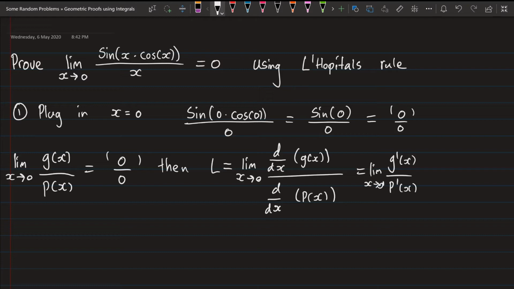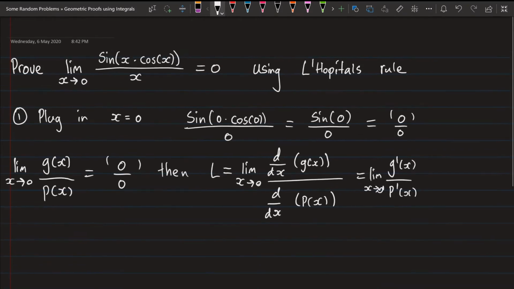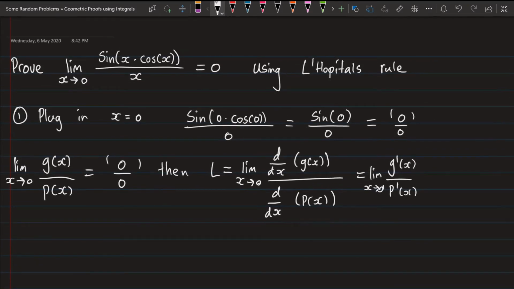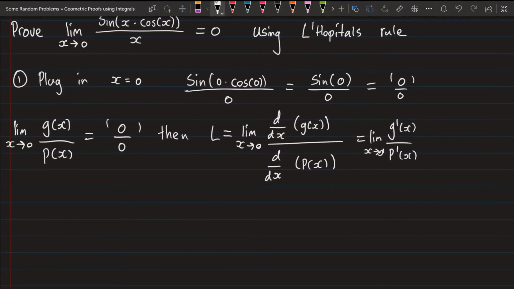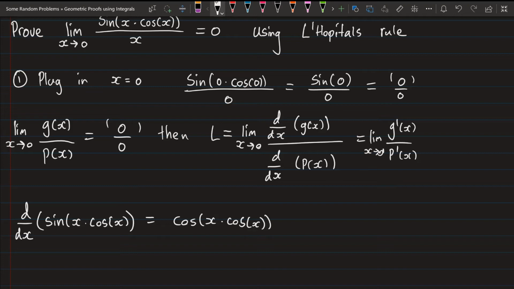So if we apply this case, in this case, this function, then what do we get? Well, let's evaluate the derivatives of both the numerator and denominator first. So we get the derivative in terms of x of sine of x multiplied by the cosine of x is equal to cosine of x multiplied by the cosine of x, multiplied by the derivative of the inside function using the product rule.